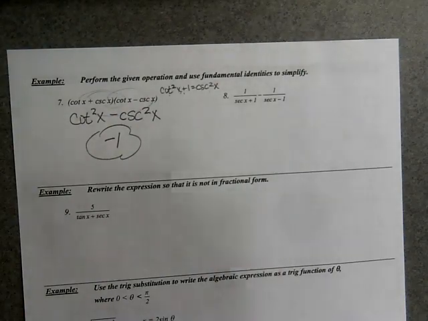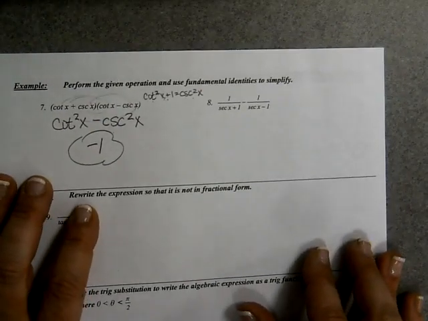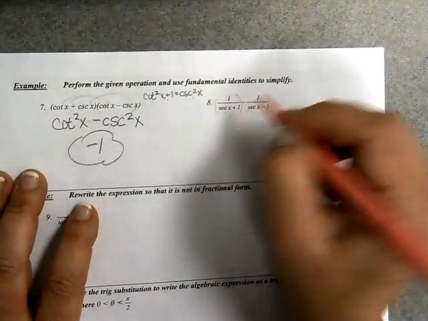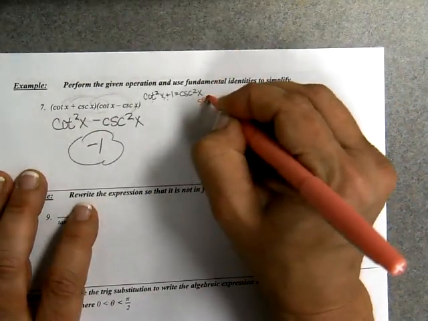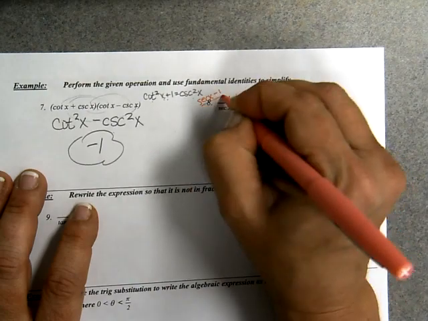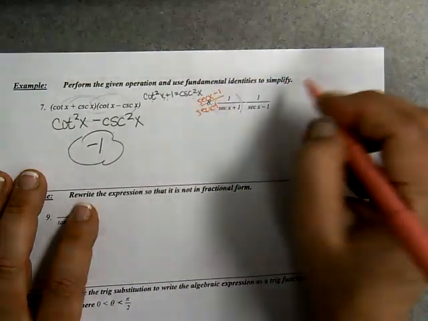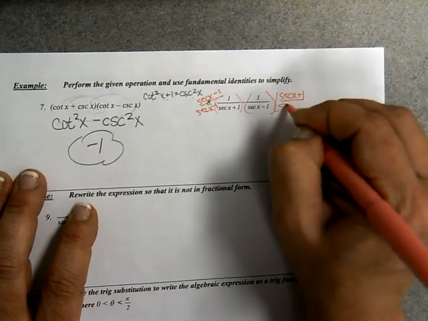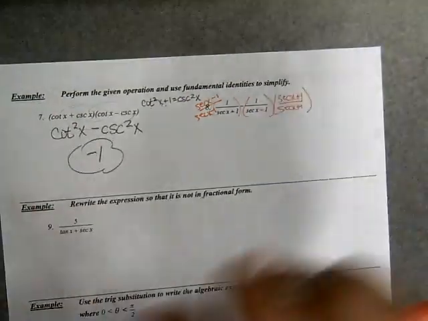Okay. In number 8, another nice tactic is to try to get a common denominator. So we're going to multiply this guy by secant x minus 1 over secant x minus 1. And we can multiply this guy by secant x plus 1 over secant x plus 1.